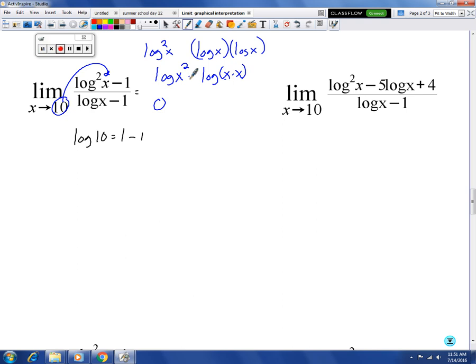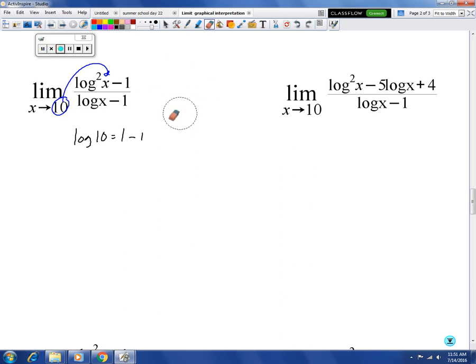So we're going to find log of 10 and square it, which is, log of 10 is 1. So 1 squared, we get 1 squared in the numerator minus 1. So again, all that to show you it's going to be 0 over 0.